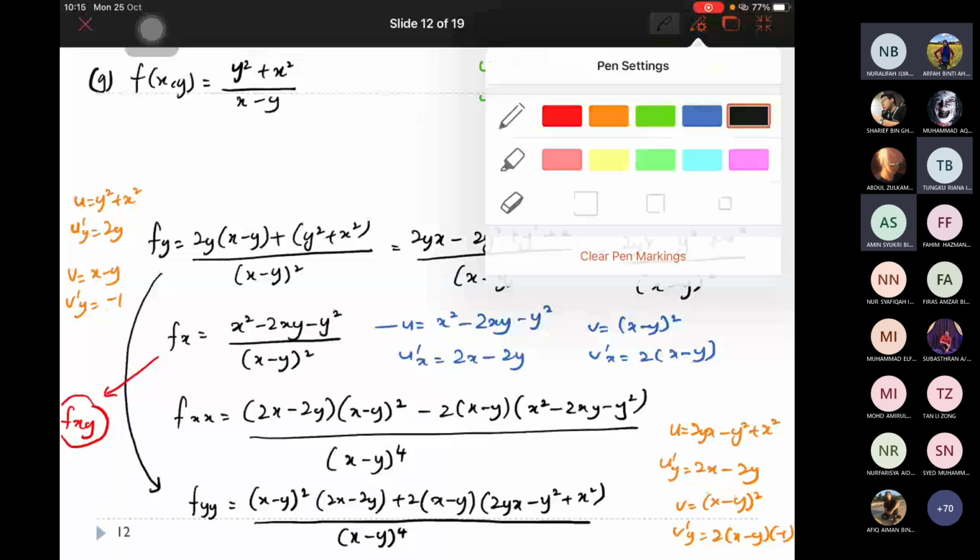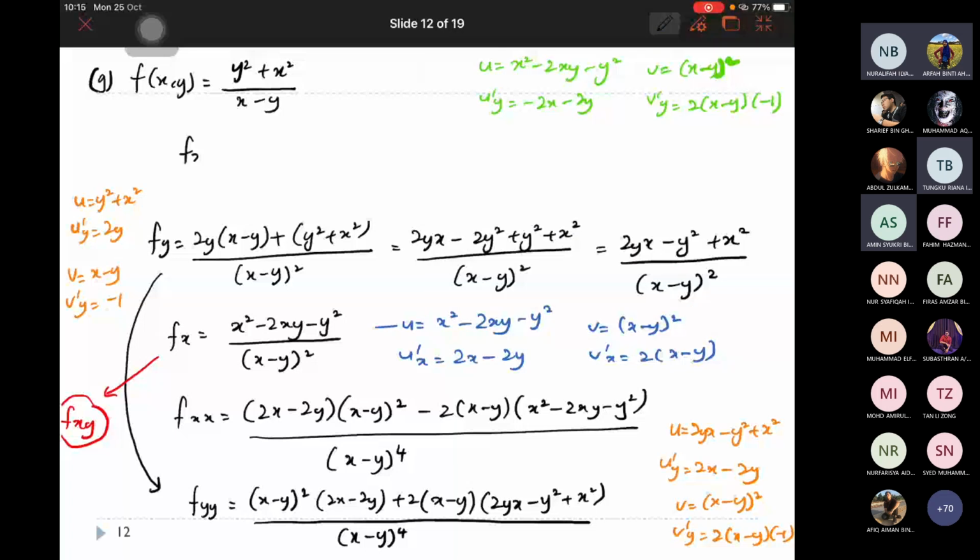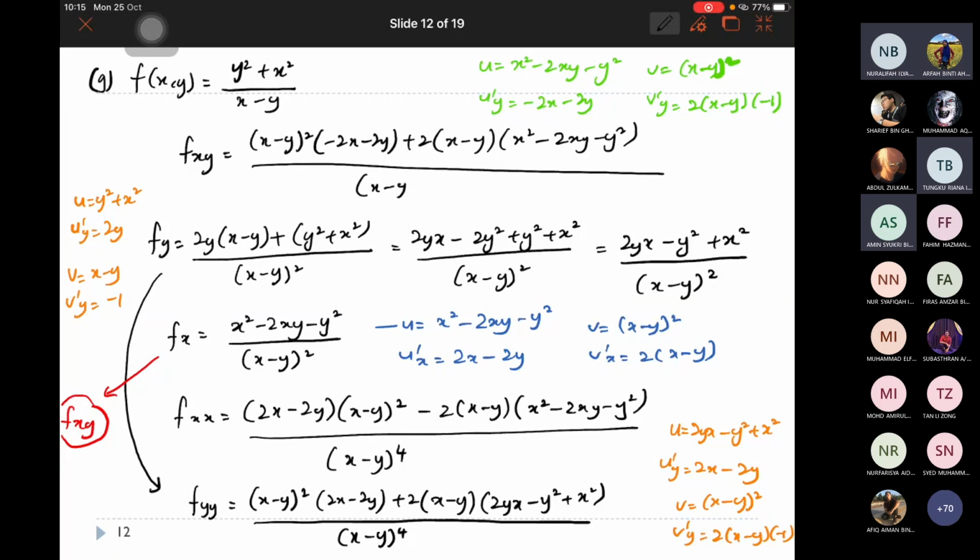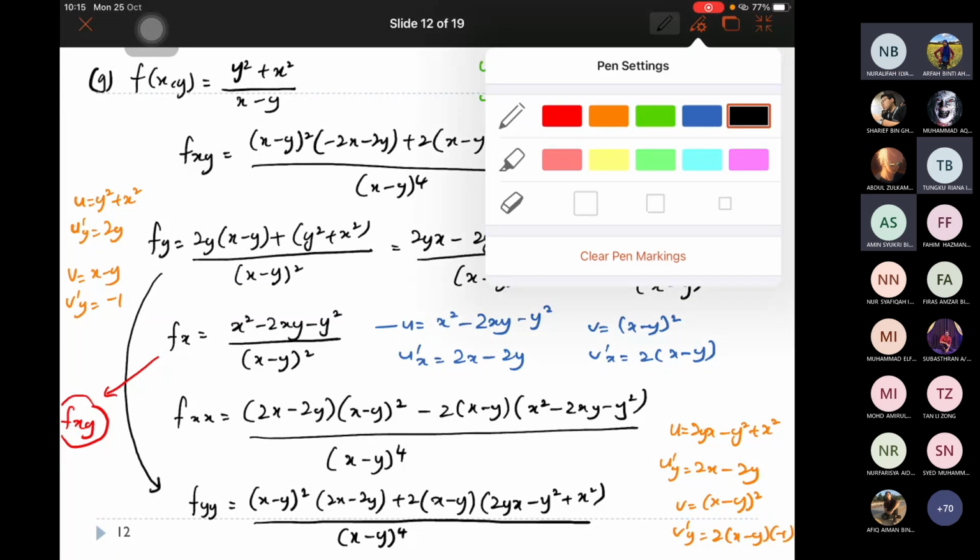So, f_xy will equal negative (x minus y) squared times (negative 2x minus 2y) plus 2(x minus y)(x squared minus 2xy minus y squared) over (x minus y) to the power of 4.